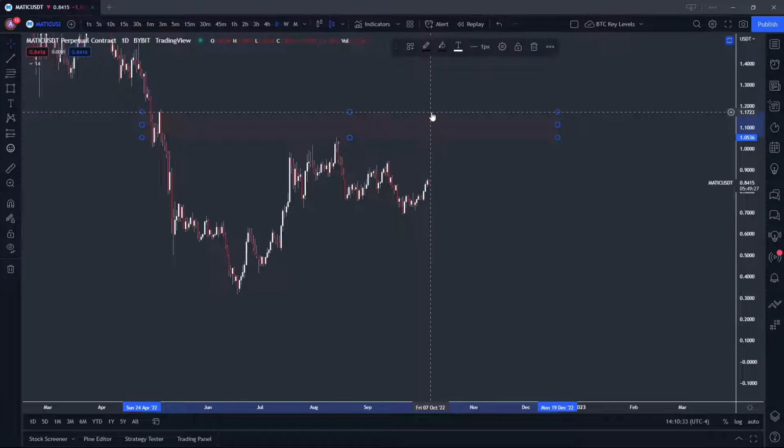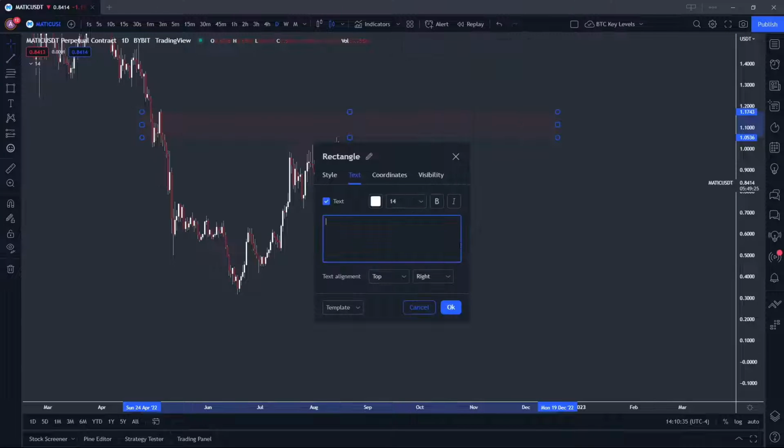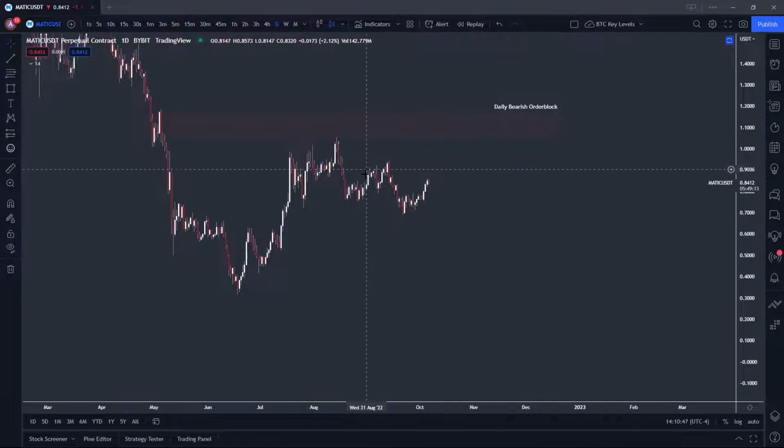And call this a daily bearish order block. So that is how you identify a bearish order block, and vice versa. If you want to find a bullish order block, find the last down candle before a large up move.